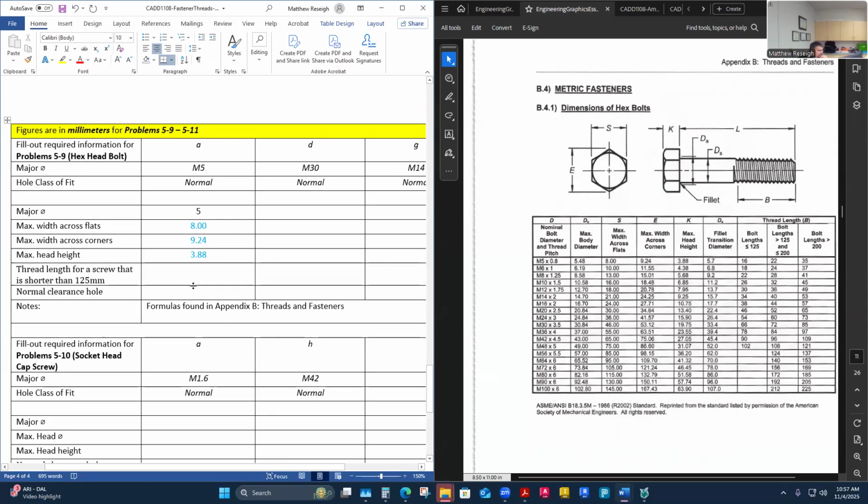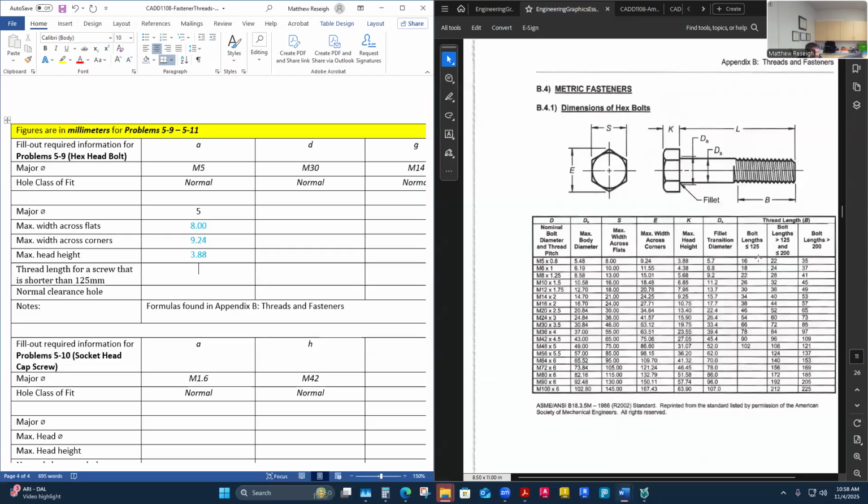Thread length for a screw that is shorter than 125 millimeter. I wonder, it must be here. Yeah, so what we have here is B, the bolt length. I have bolt lengths that are less than or equal to 125, greater than 125 and less than or equal to 200, and then bolt lengths beyond 200 millimeter.